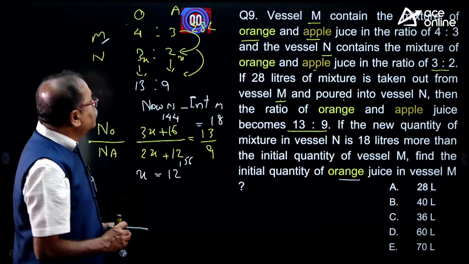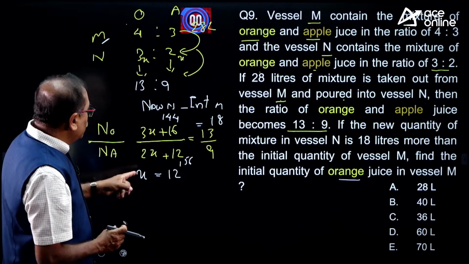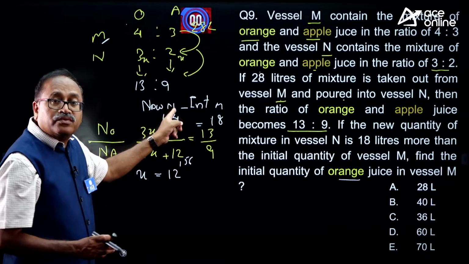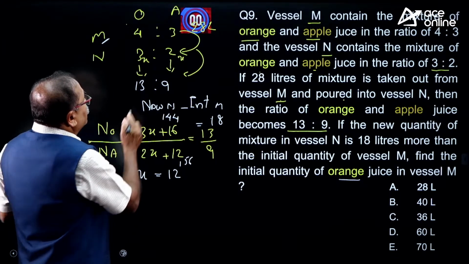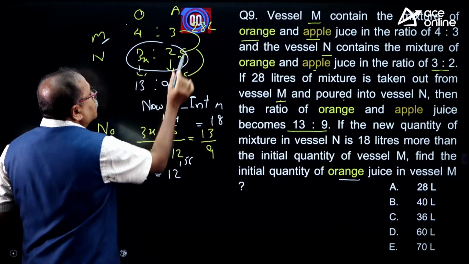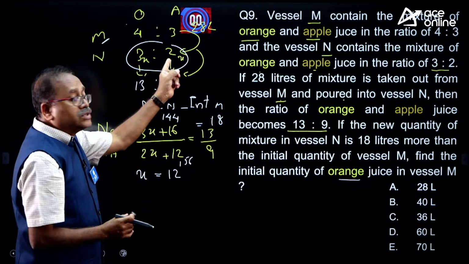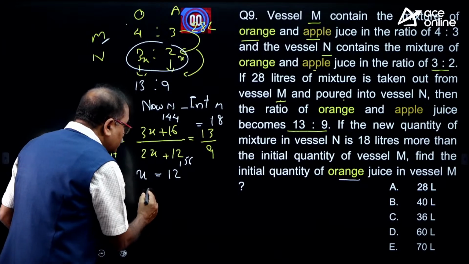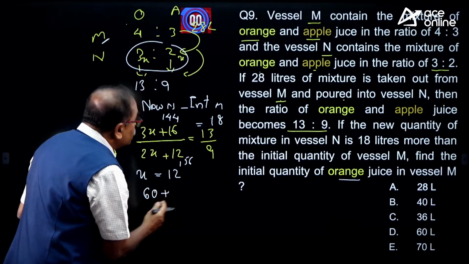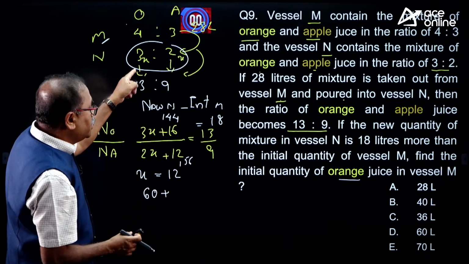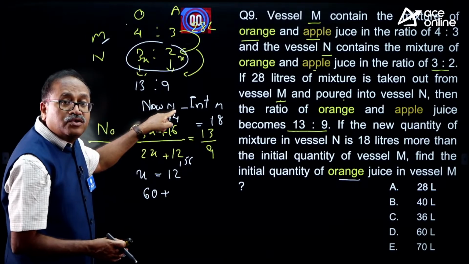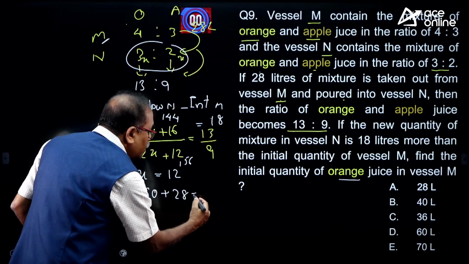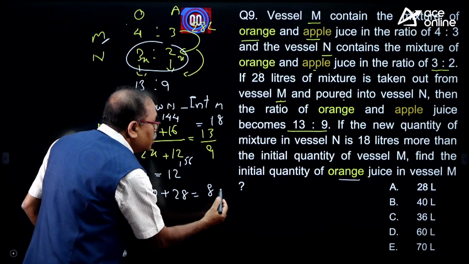If x is equal to 12, then what is the new volume of N? The old one plus 28. The old one is 5x, x is equal to 12, then 5x will be 60. Plus the 28, so the new N is 88.